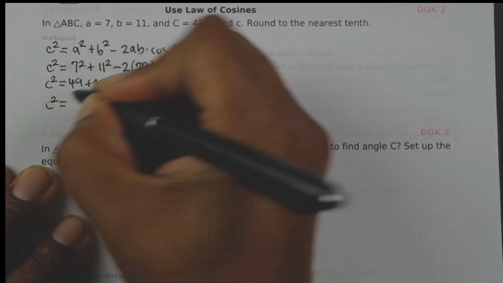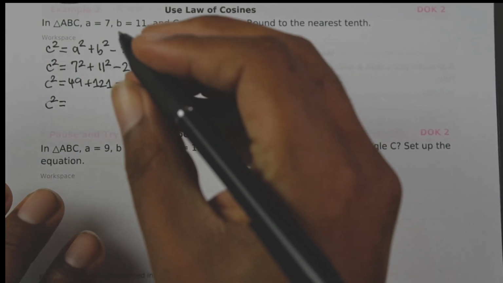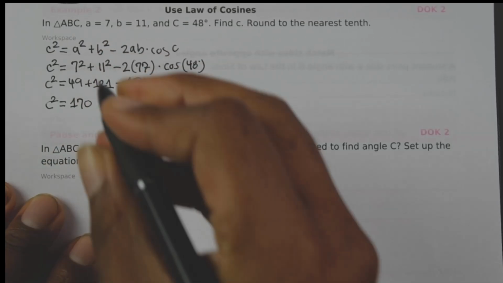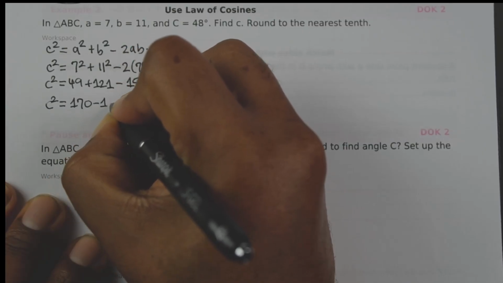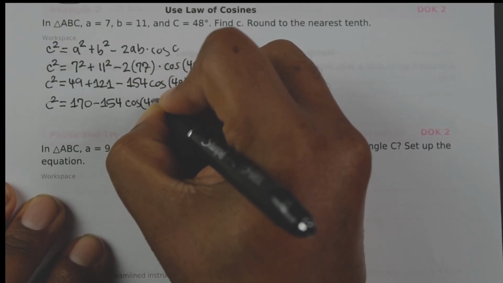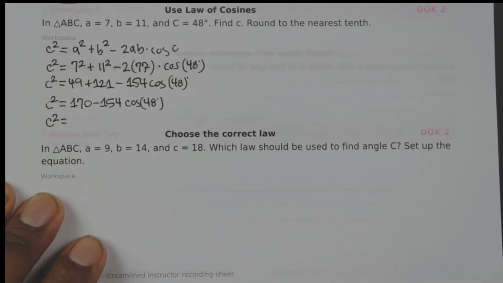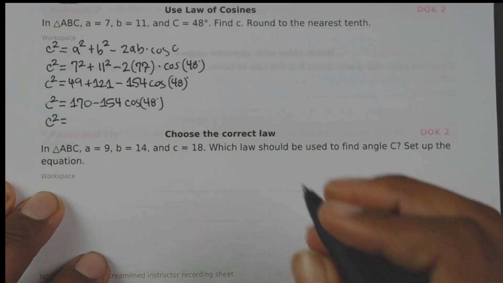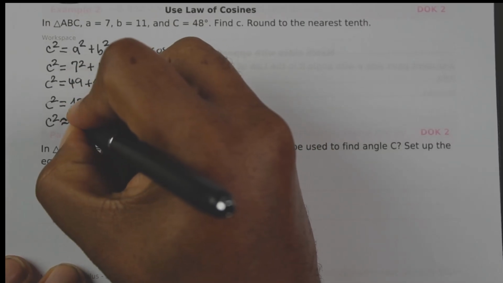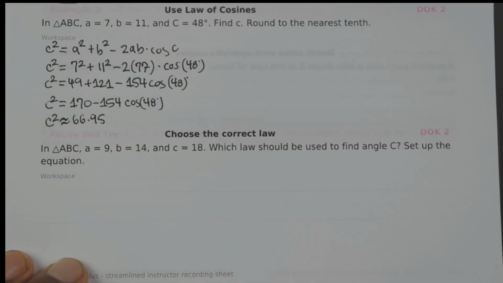Computing further, 49 plus 121 is 170. So 170 minus 154 times the cosine of 48 degrees. You end up with approximately 66.95, and you can put that in the calculator.